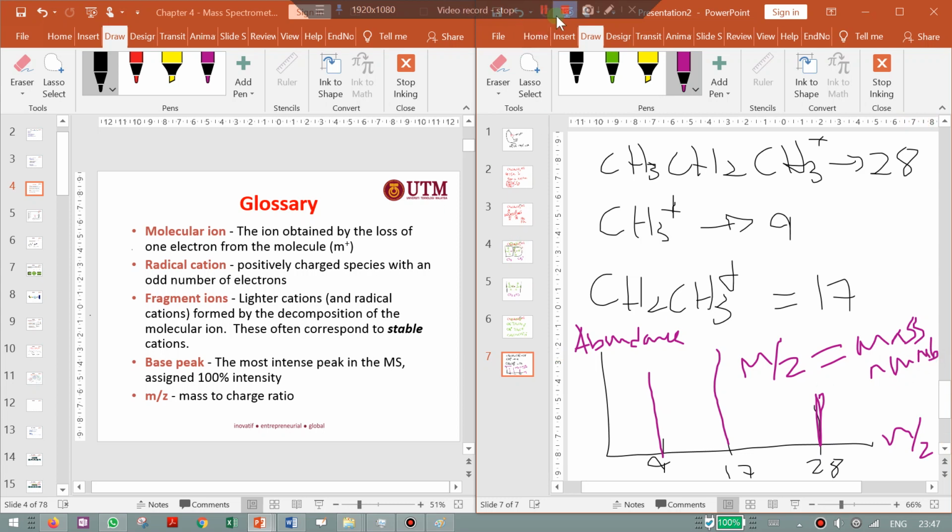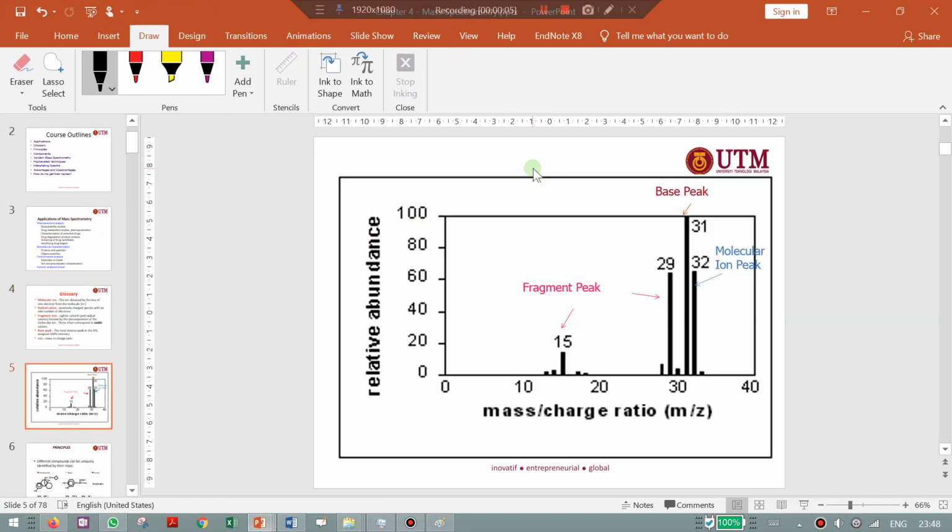Okay, that's it for this slide. Alright, let's go to the next slide. Here shows the mass spectrum from the mass spectrometry.